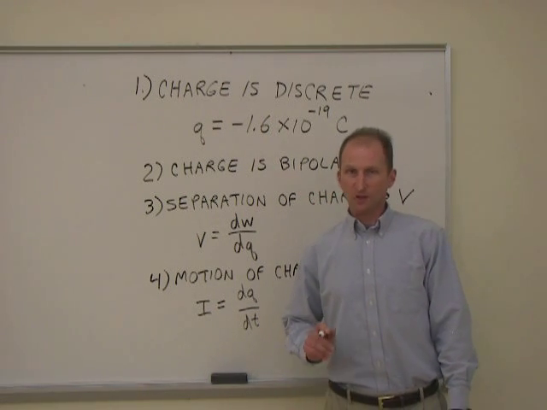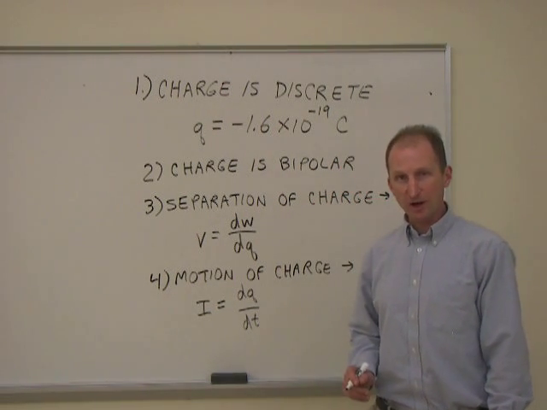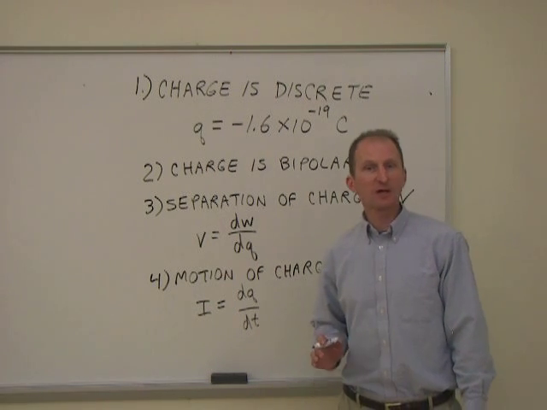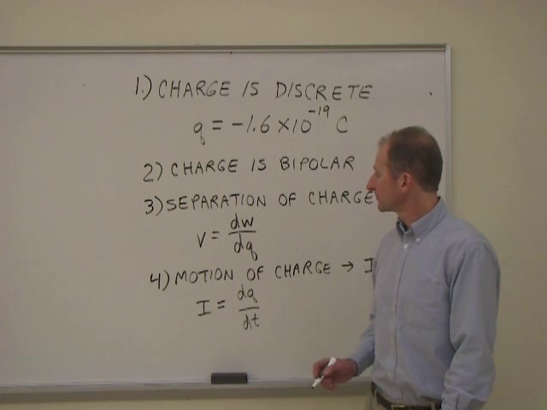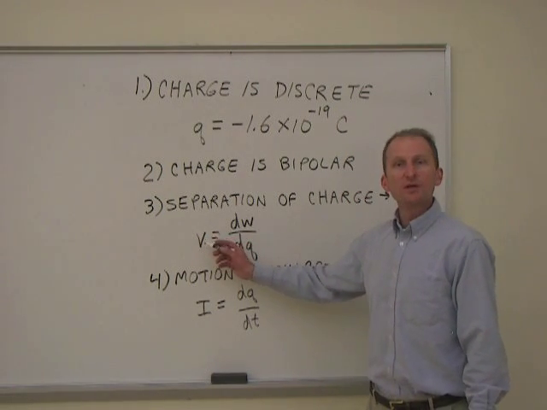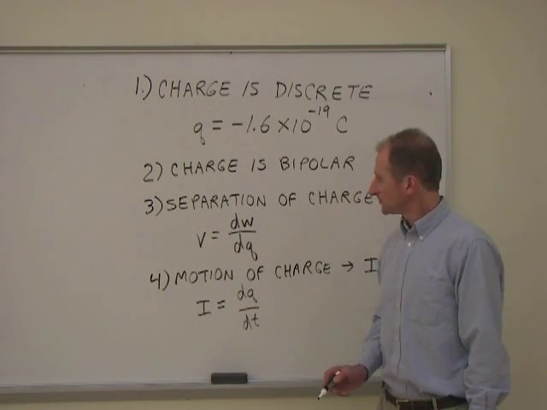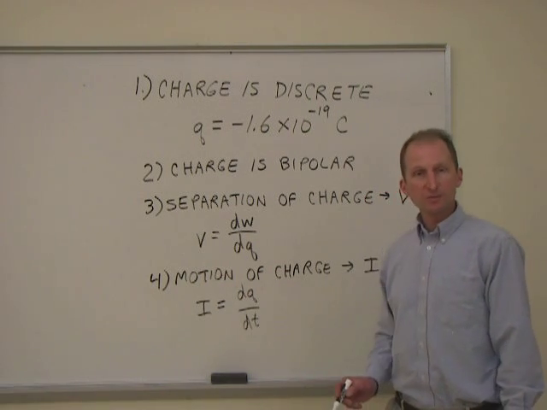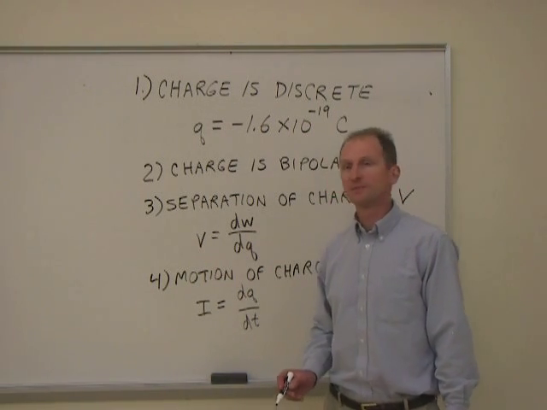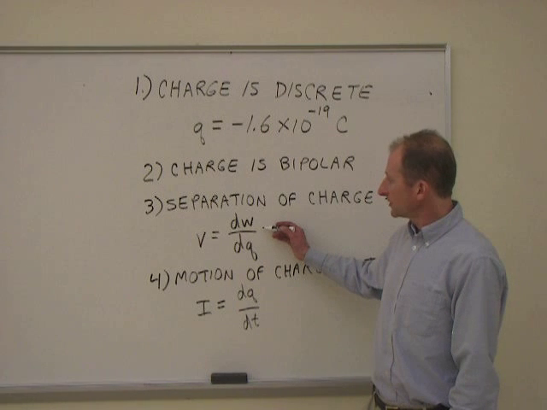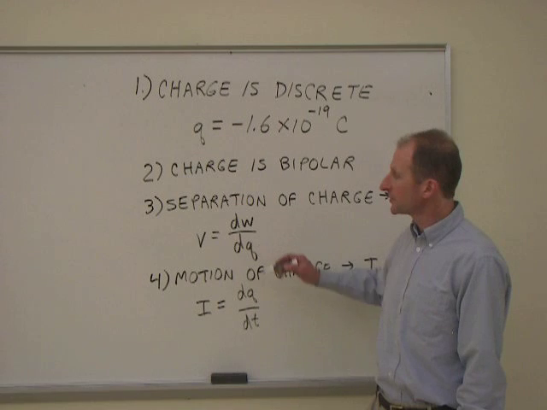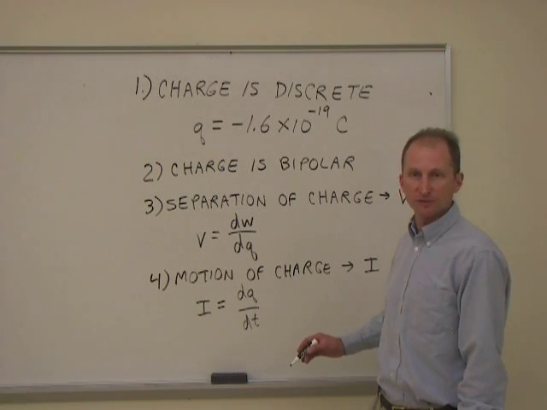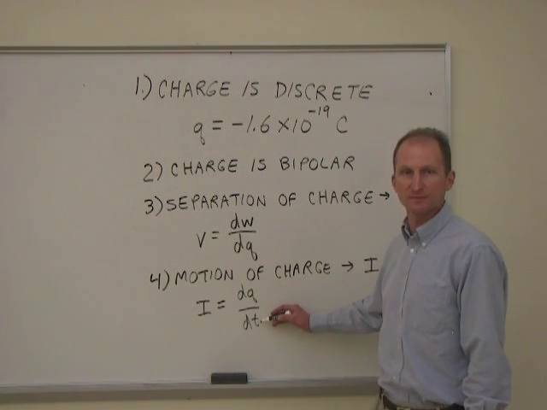In other words, the current is the rate at which charge moves across a plane cutting through one of our components or wires in the circuit. So voltage is measured in units of volts, current is measured in units of amperes, and the volt is equal to the unit joule per coulomb, and the ampere is equal to the unit coulomb per second.